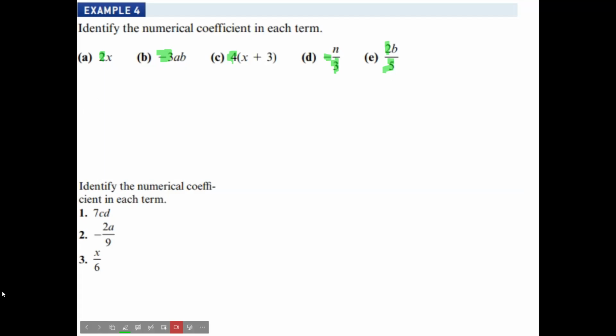So what is the numeric coefficient here? The first one. What is it? 7. Here, minus 2 over 9. Here, 1 over 6.